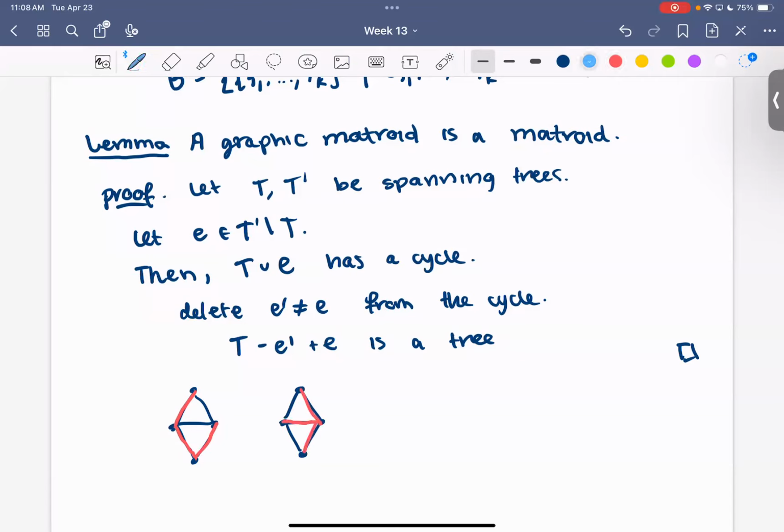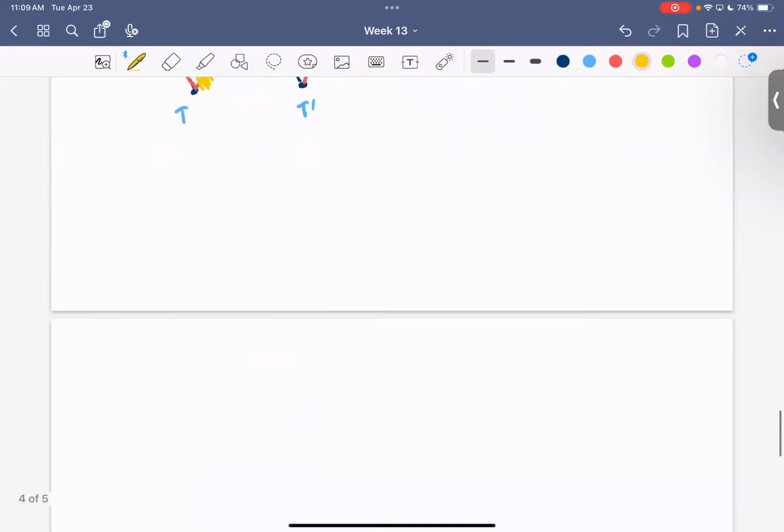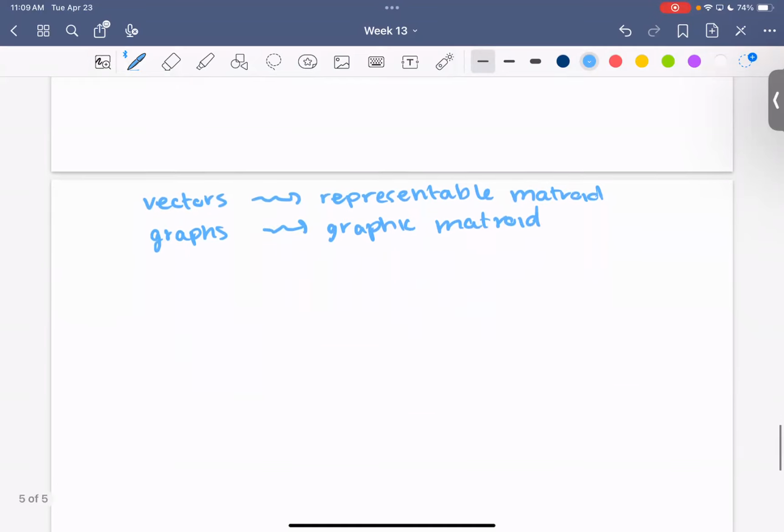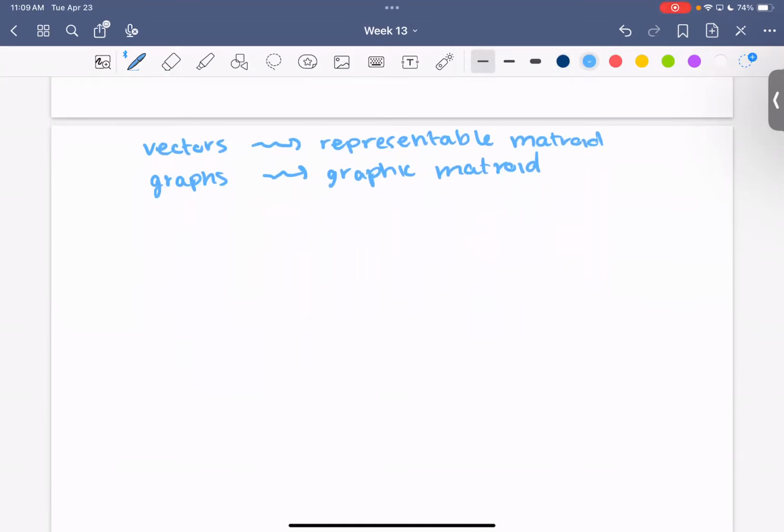Okay, so let me summarize kind of what we have so far. So we know how to take vectors and get a representable matroid. And we know how to take graphs and get a graphic matroid. So among all matroids, what could this look like?